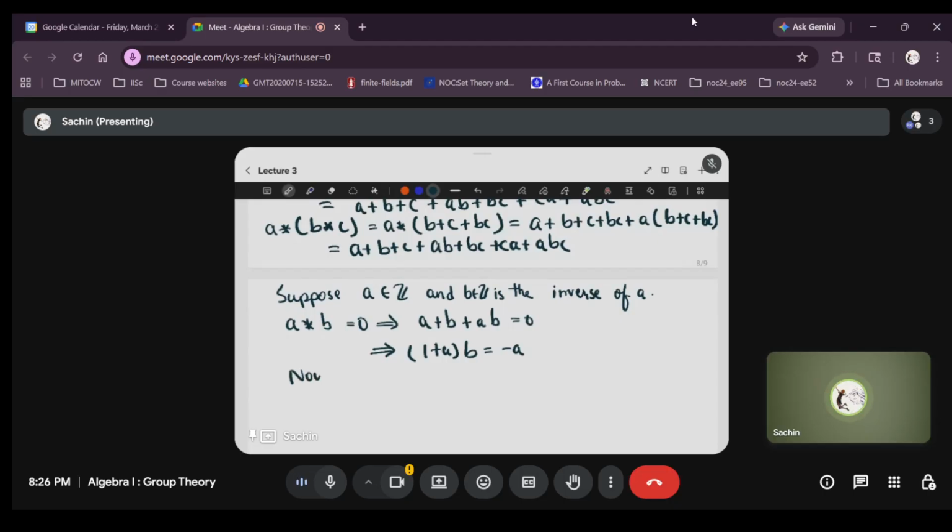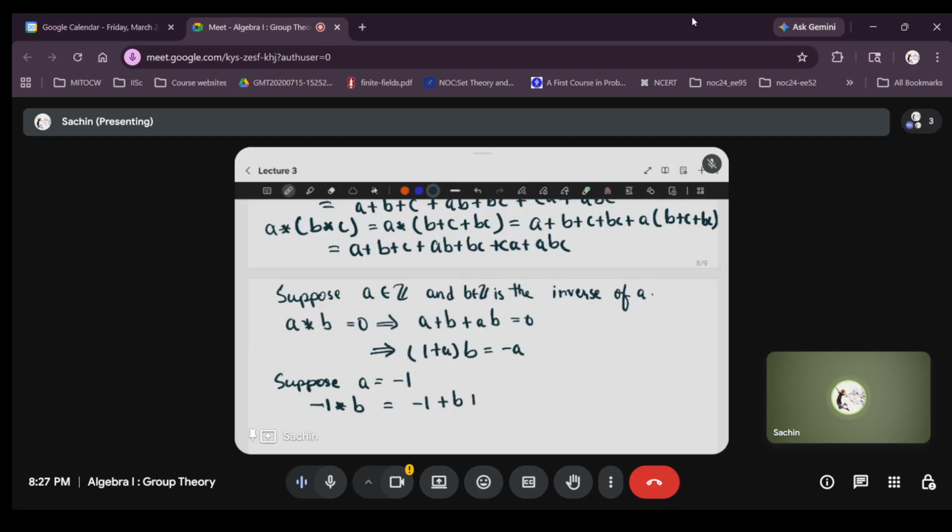Now, before doing that itself, let's suppose A is equal to minus 1, right? Then minus 1 star B is what?